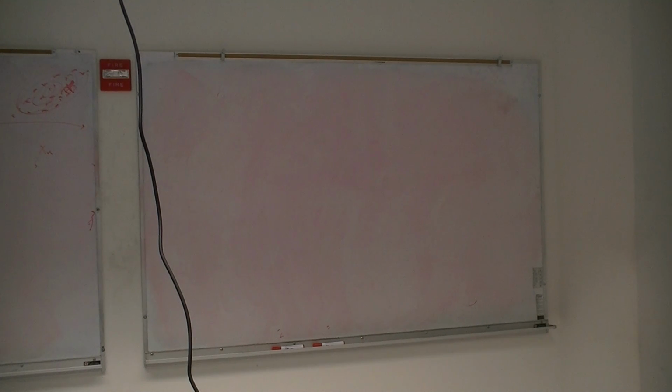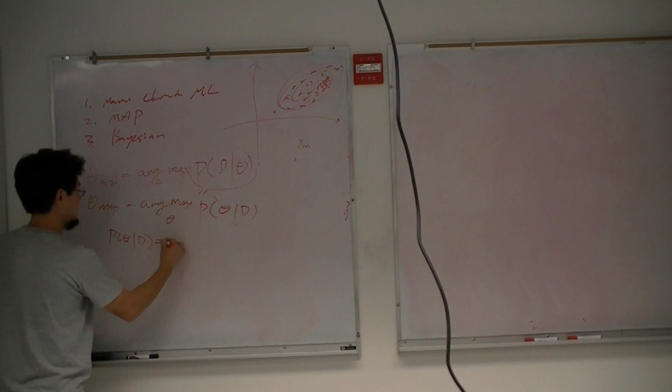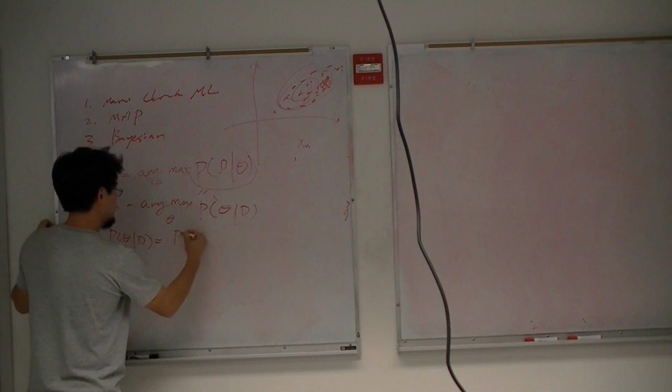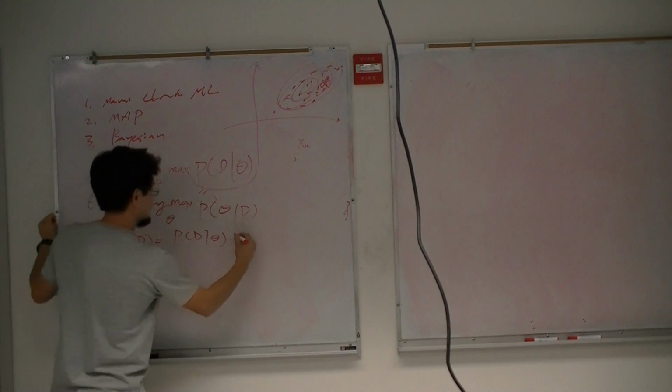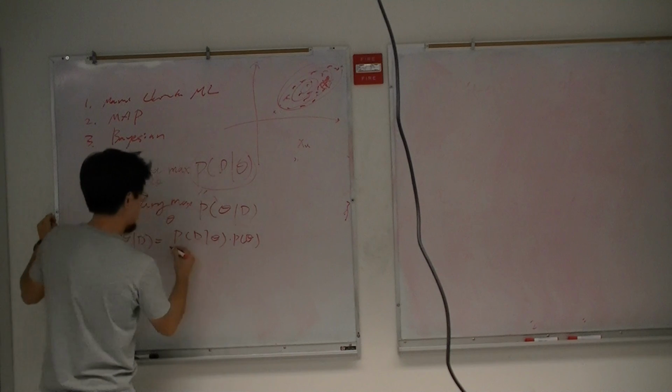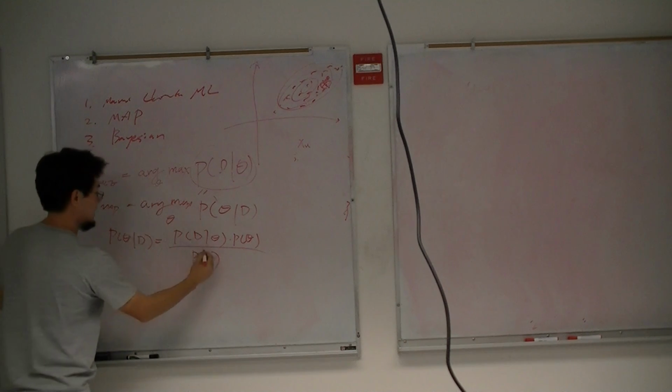If you use Bayes' rule, theta given data is going to be p(data given theta) times p(theta) over p(D).